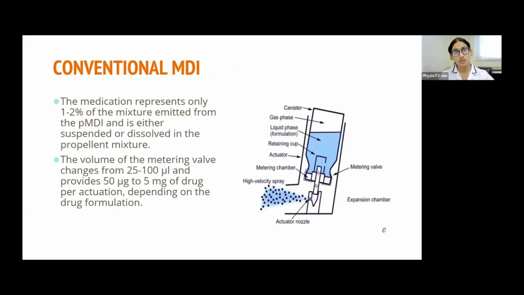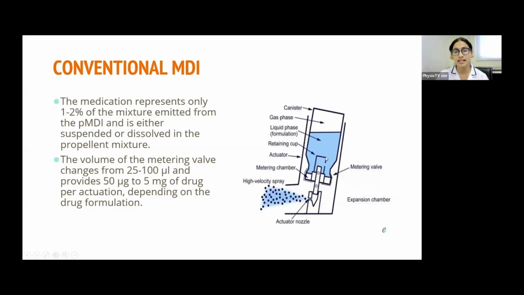Talking about conventional PMDI, here you can see in the diagram the canister, which we have seen in this device here. The canister is filled with the gas phase and the liquid phase. Gas phase are the propellants, and the liquid phase is the formulation of the medication that we are going to use.